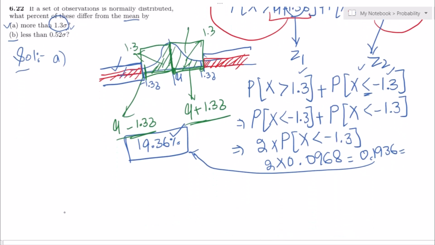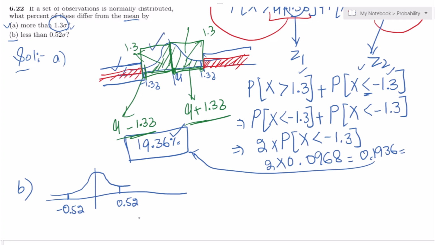Let me solve it, and here this is the normal distribution. So let me have here 0.52, and this is minus 0.52 for the similar reason which I explained earlier. These are the two values, and this is the area, because now here the probability that x is less than 0.52 sigma.